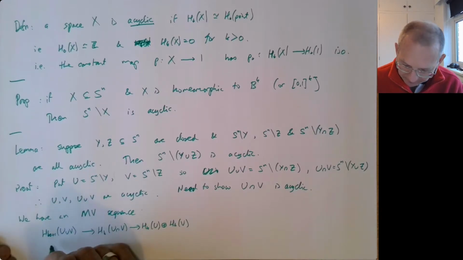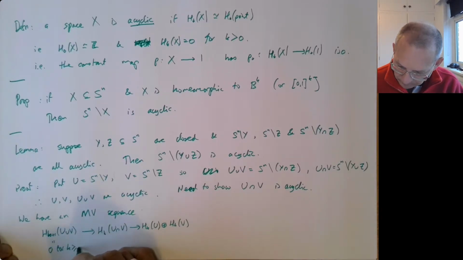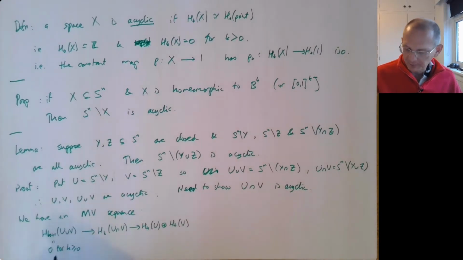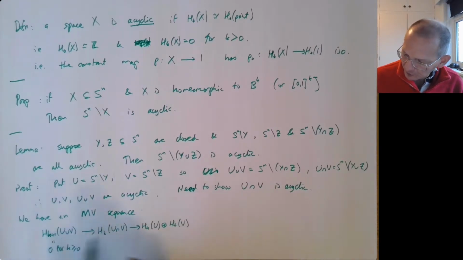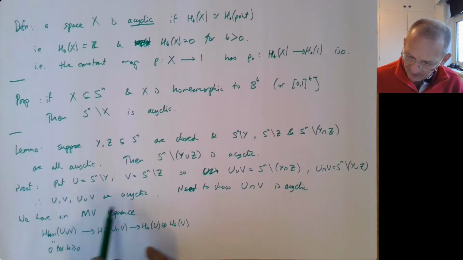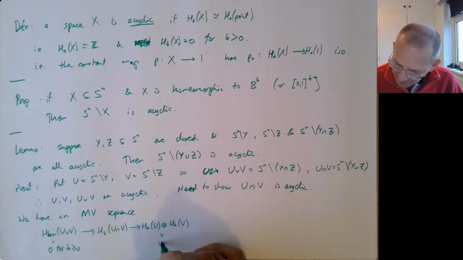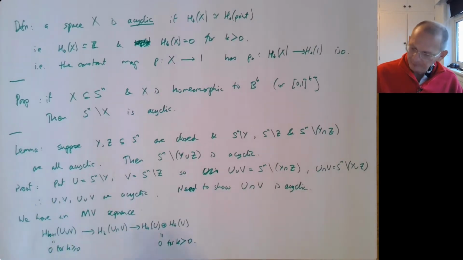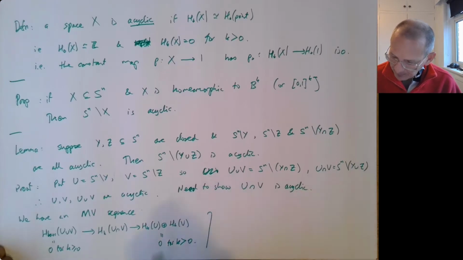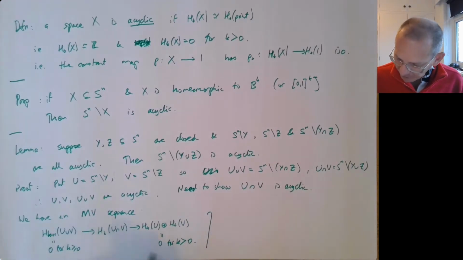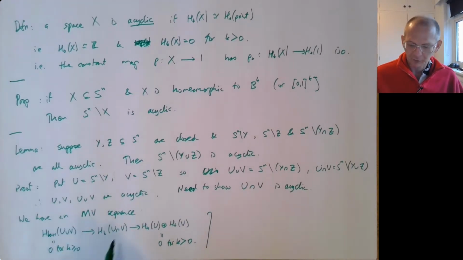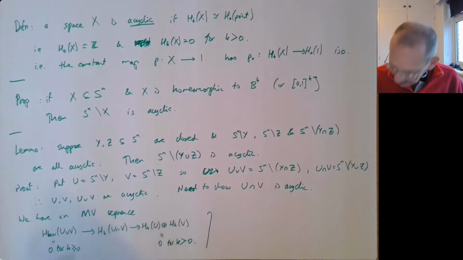So for k greater than or equal to 0, this H_{k+1}(U union V) we're given is acyclic, so that's going to be 0. And then this one is going to be 0 when k is strictly positive. So when k is strictly positive, you've got your H_k(U intersect V) sandwiched between two groups that are both 0.